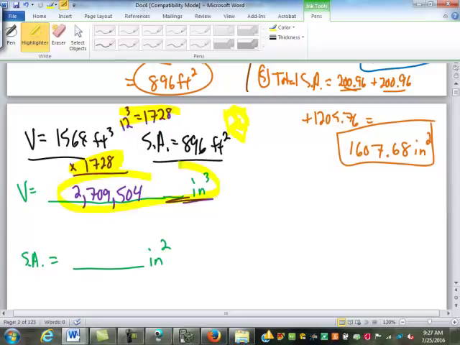Does that look familiar? Yeah, the 15. What I did was this. I had my 1568 cubic feet over 1 times 1 cubic foot is 1,728 cubic inches. Cubic feet cancel out. I just shortened it up.